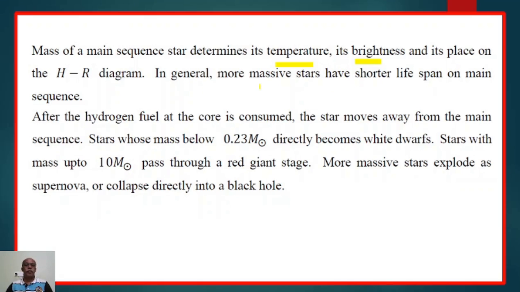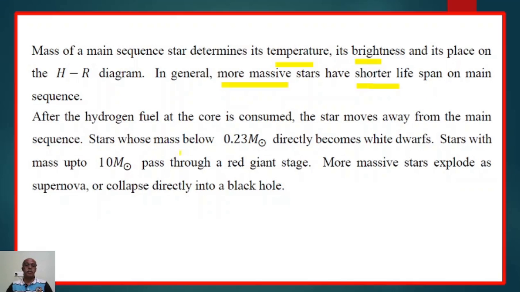And also, if the mass of the star is more, it is said to have a shorter lifespan on the main sequence. They will move out of the main sequence early. After the hydrogen fuel at the core is burnt out, the star moves away from the main sequence.